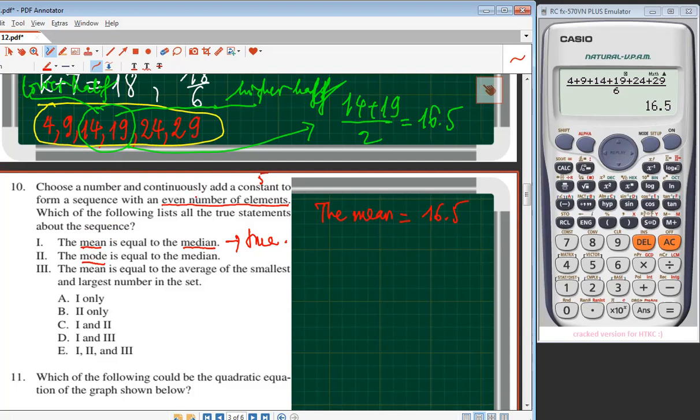That means mode is the value that helps us to know which elements appear most in the data. We can see that this sequence of numbers has no mode because there is no number which is repeated. Hence, we can say that statement 2 is false.